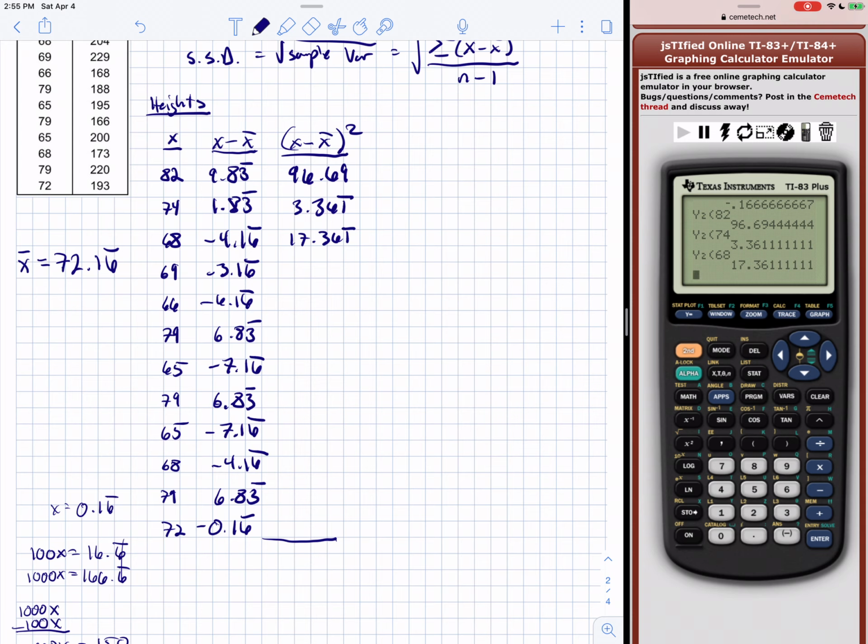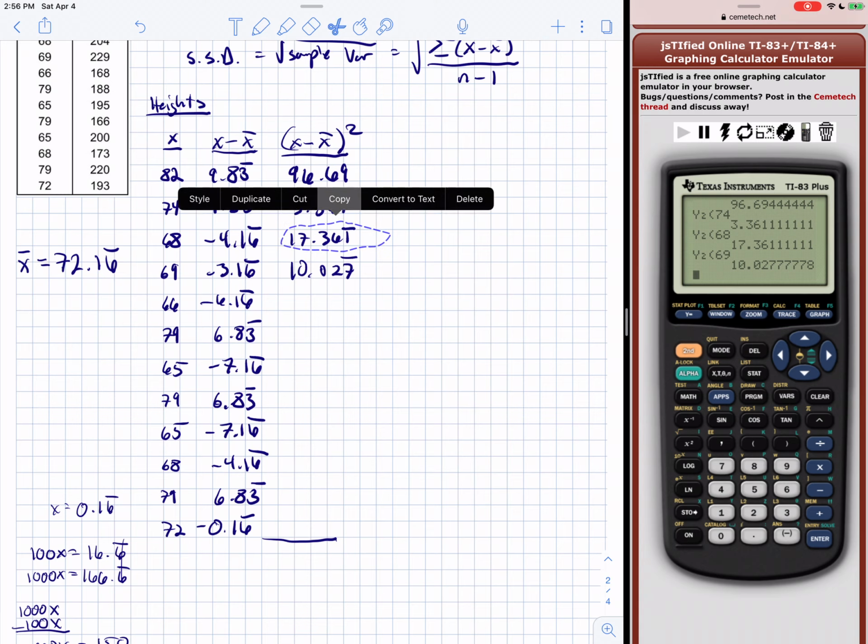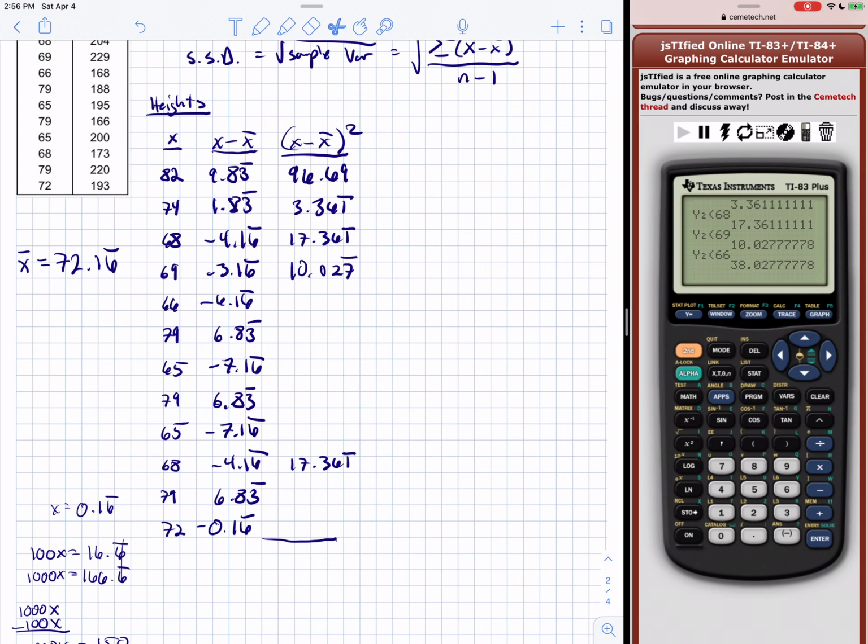Okay, 69, 10.027 bar. 68, let's just copy. 68 is there. 66, 38.027 bar. 79.